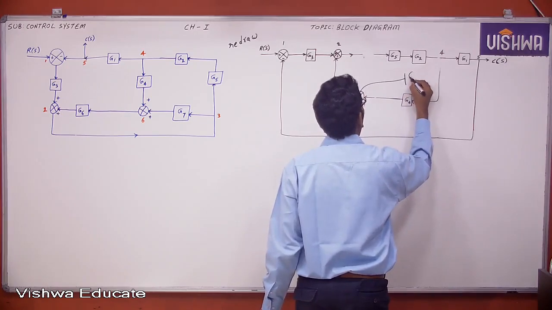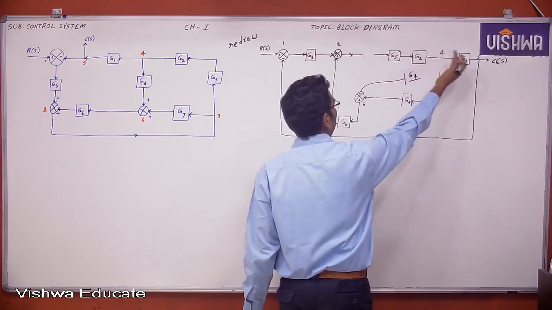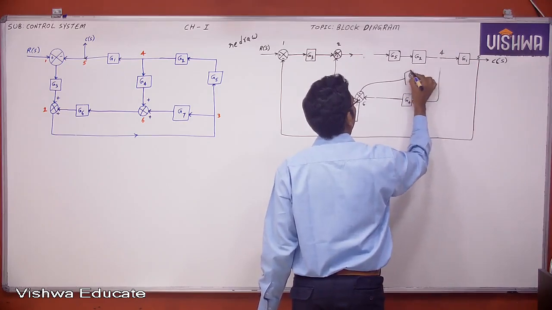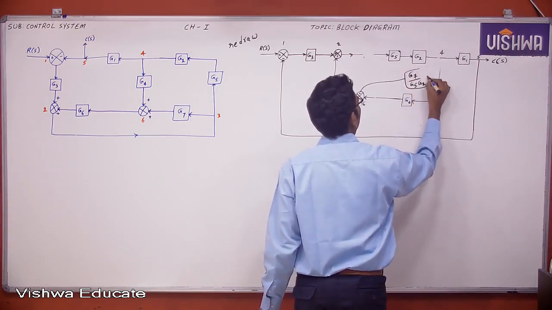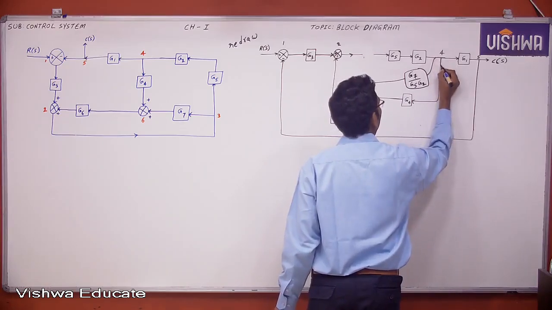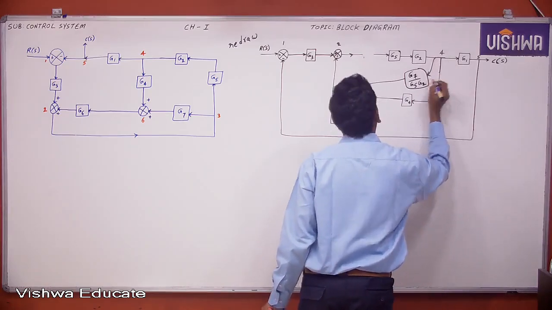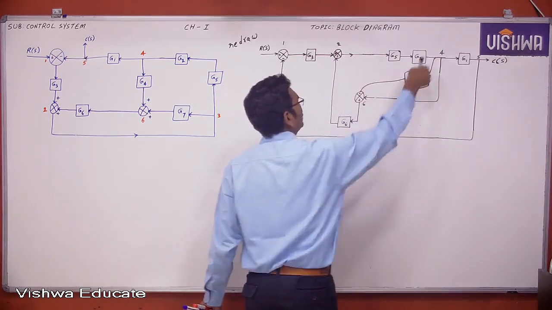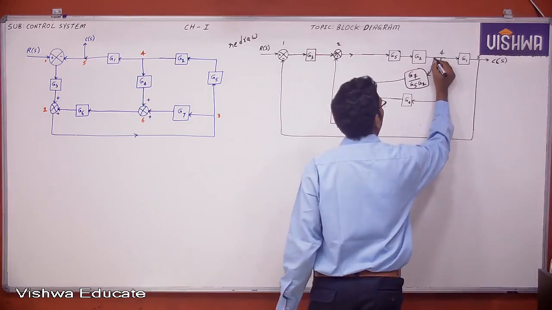now this is G7 shifted 2 blocks before that, therefore G7 by G5, G2, shifted here. Now this branch point is shifting to this.